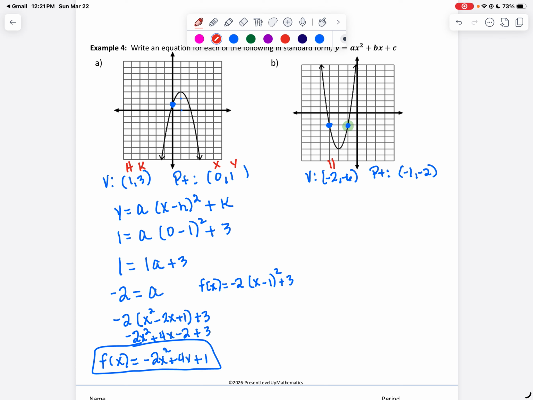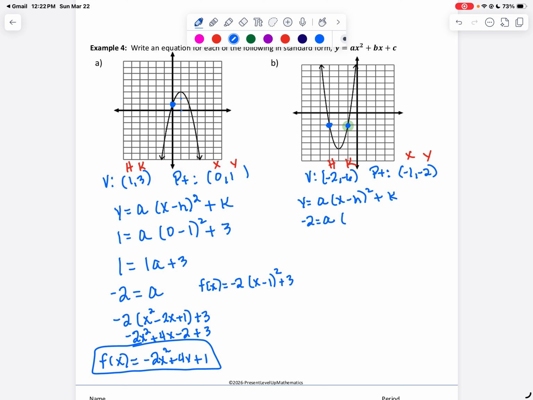So let's label these. Here's our h, here's our k, here's our x, here's our y. All right, so we'll start by plugging it into our formula. y equals a times x minus h quantity squared plus k. For the y, plug in a negative 2. We don't know a.